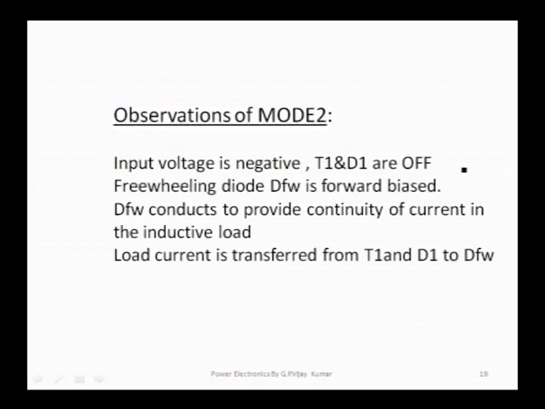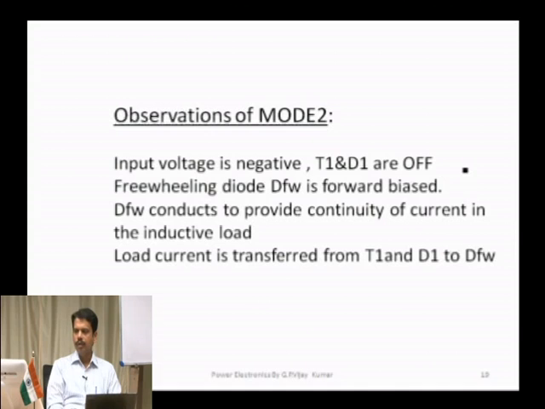T1 and D1 are off because they are reverse biased. The freewheeling diode is forward biased and conducts to provide continuity of current in the inductive load. The load current is transferred from T1 and D1 to the freewheeling diode.